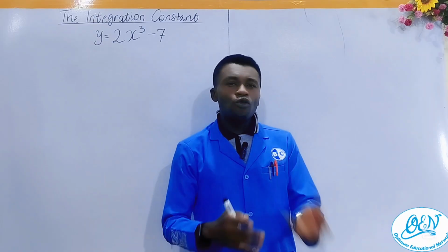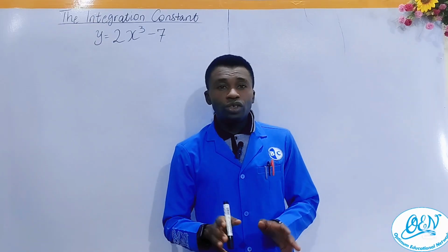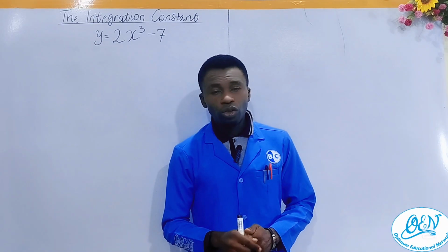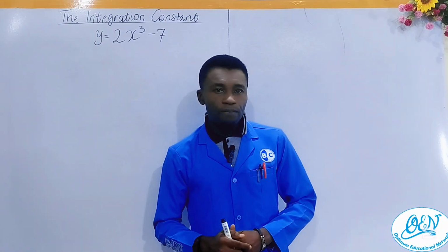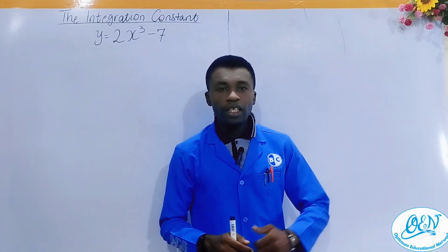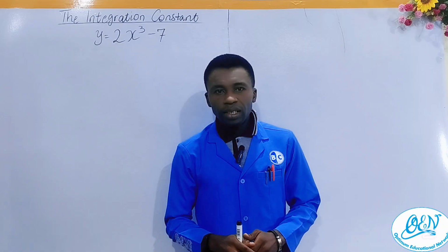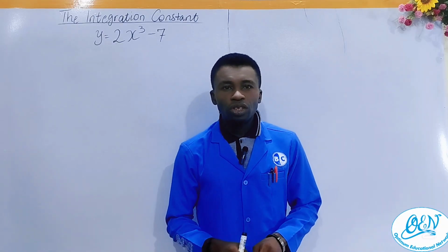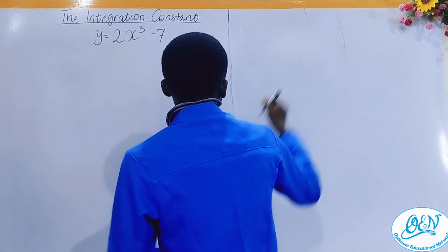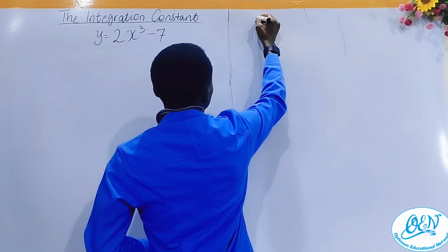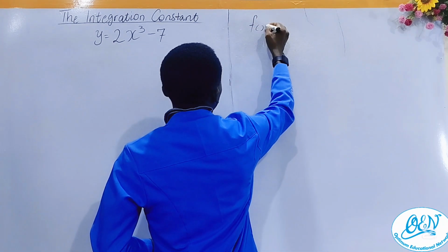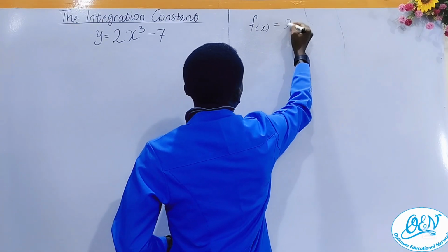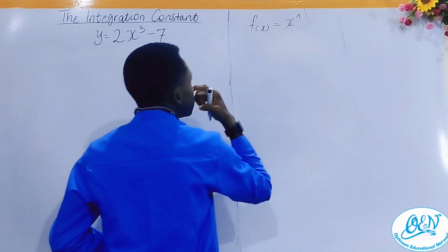Every one of us already knows that if you want to integrate a function, you simply increase the index of the function by one, and then you divide by the new index. Then you leave the coefficient the way it is. Then you can add an arbitrary constant. For example, you want to integrate this function, say f of x equal to x raised to the power n.